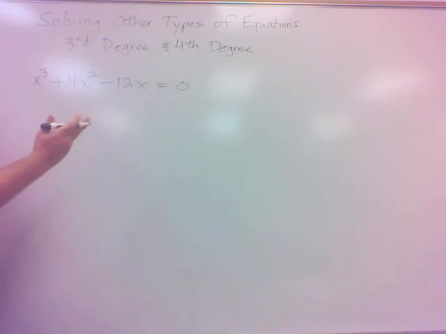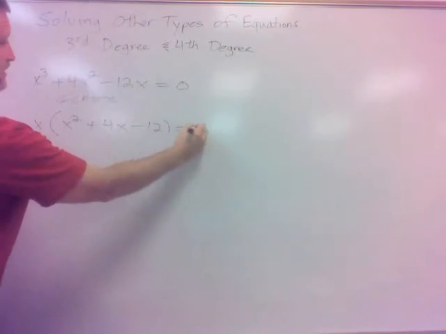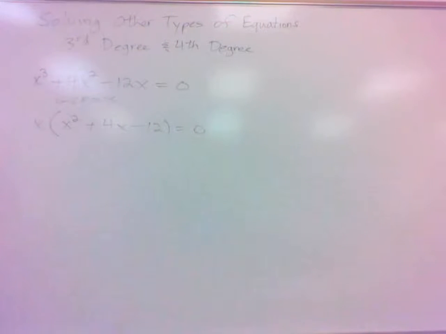How does this one factor, first of all? Well, we've got a GCF. Pull an x out, GCF of x. So I'm going to pull an x out. That'll leave me inside here x squared plus 4x minus 12 equals 0. And then very possibly you might need the quadratic formula there, but on the ones we do, they'll be nice.